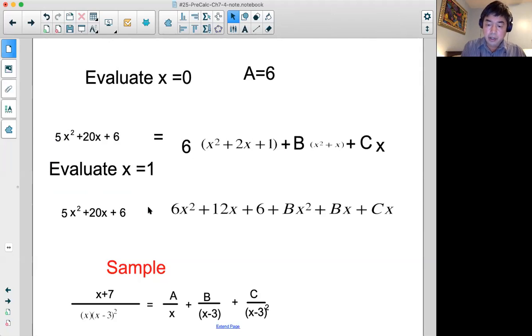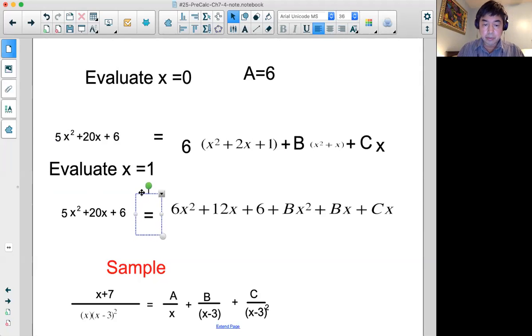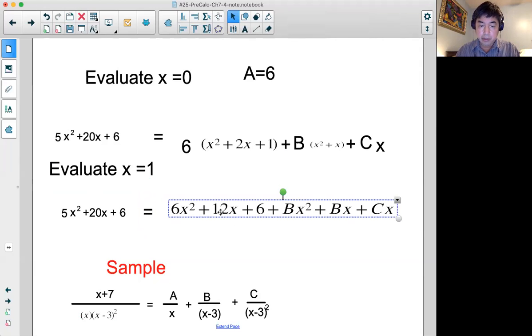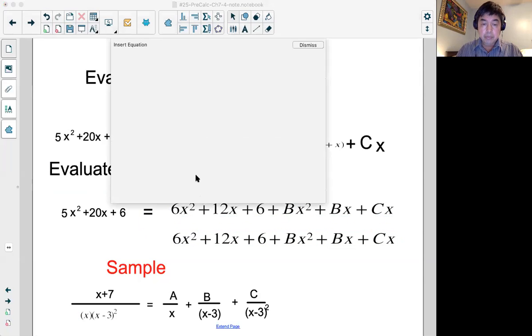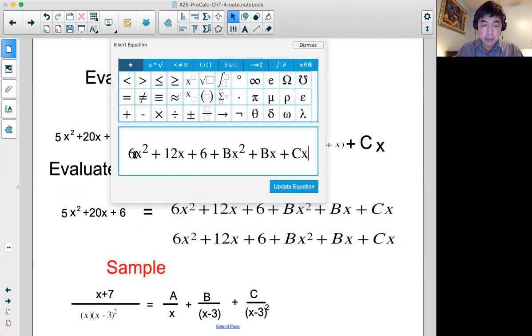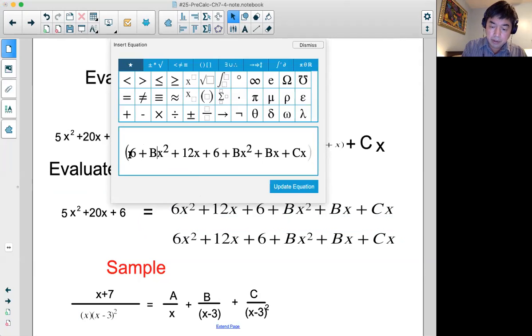Okay, now let's collect the like terms. 6x squared and bx squared. So you put this one together. If you put this one together, you can rewrite this equation. 6 plus b, right? So 6 plus b, and close the parenthesis, so you can erase this one.